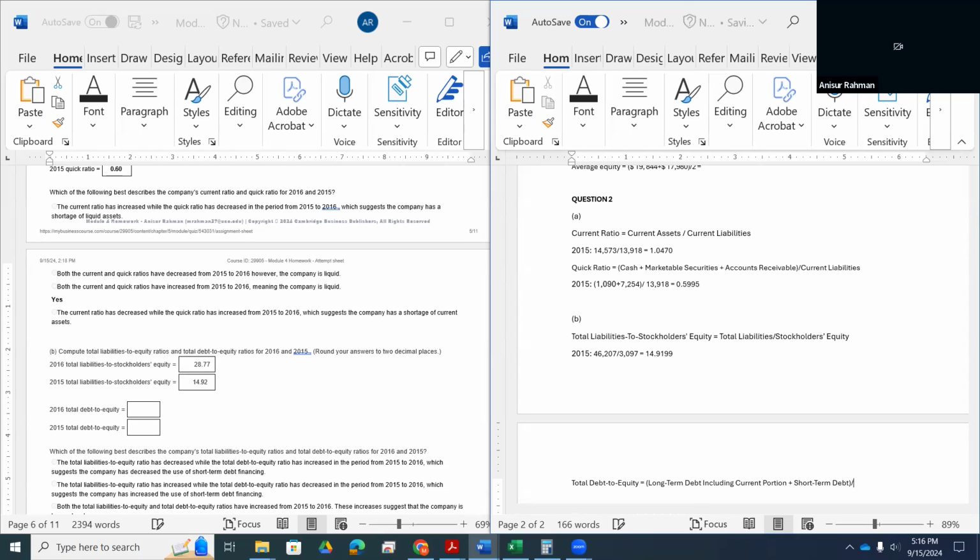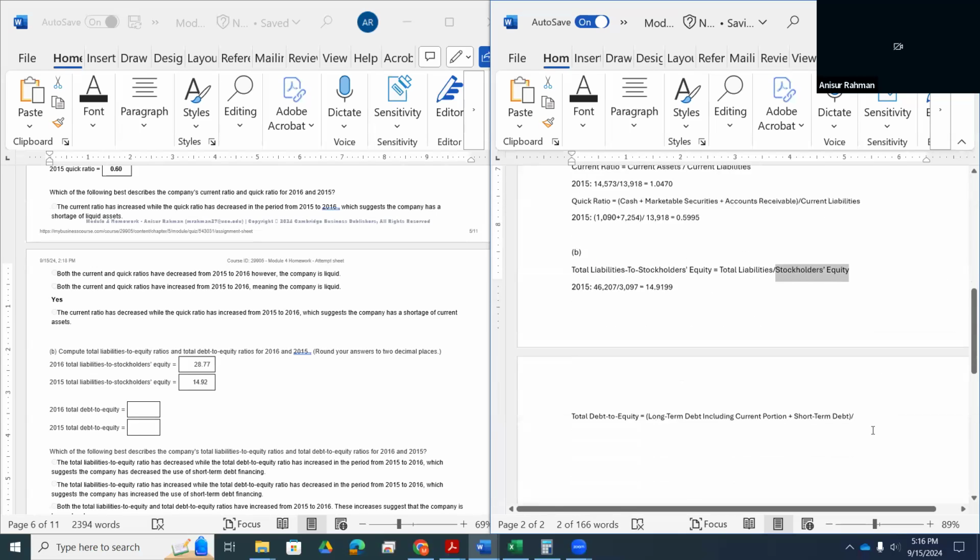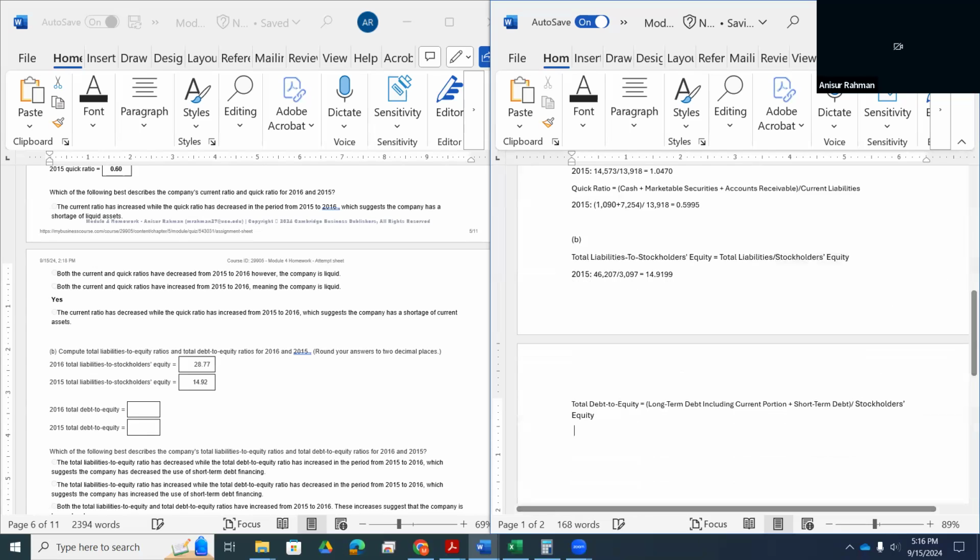And then we'll divide by stockholders' equity. So in this case, we are looking into debt, not total liabilities. When we talk about total liabilities, it also includes accounts payable, etc.